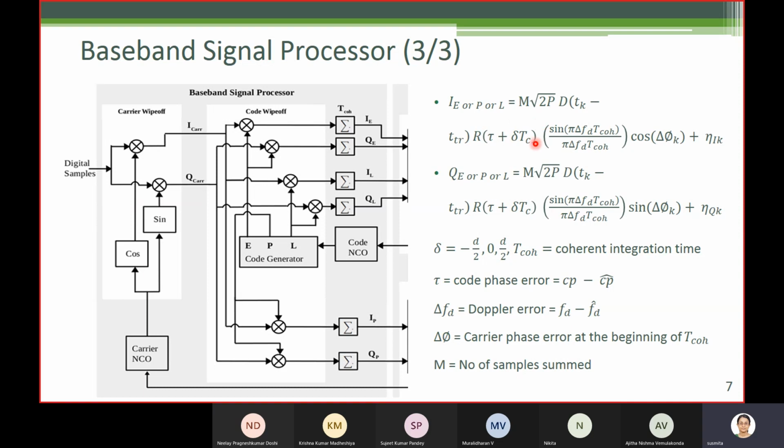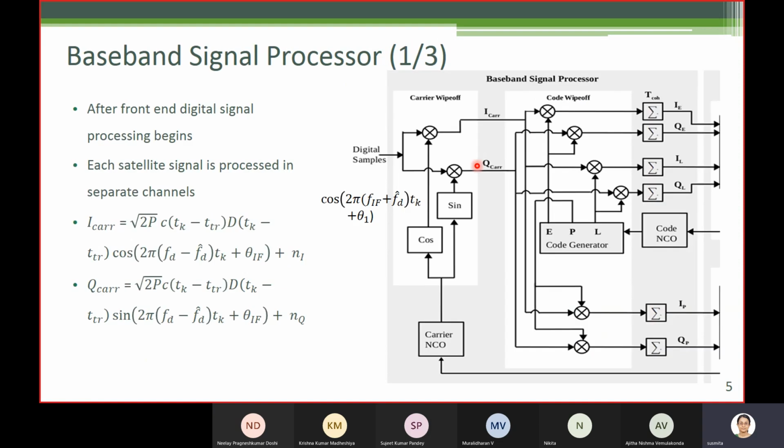Okay. Now how about these terms? Now see, while explaining the correlation, we ignored this. We said that FD hat is almost equal to FD, and therefore this term is equal to 1, and this is very small. But they will not be exactly equal, right? They are almost equal. They will not be exactly the same.